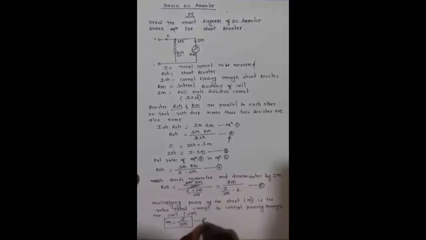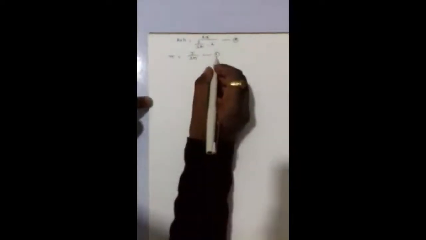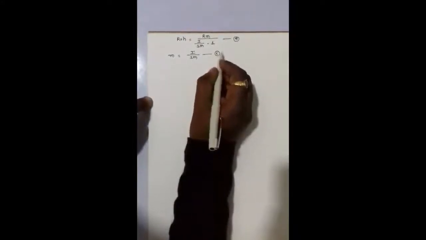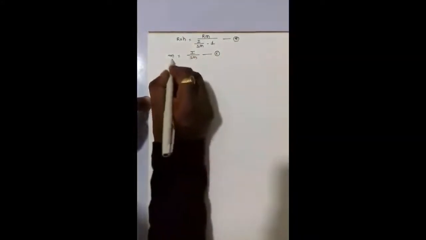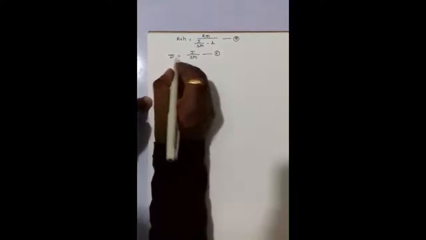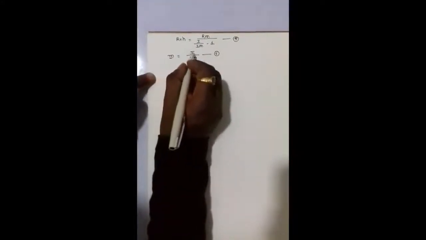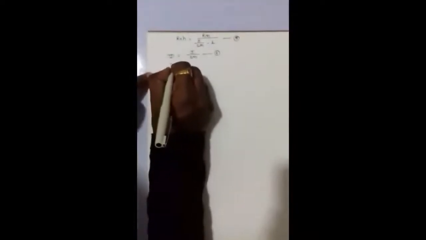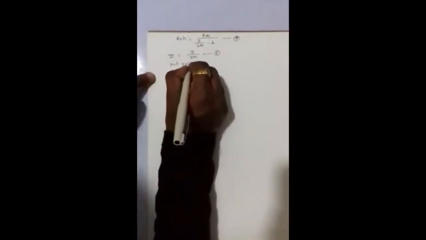This is equation 6. Now put the value of equation 6 in equation 5. This M means multiplying power of the shunt, the ratio of total current divided by current flowing through the coil.